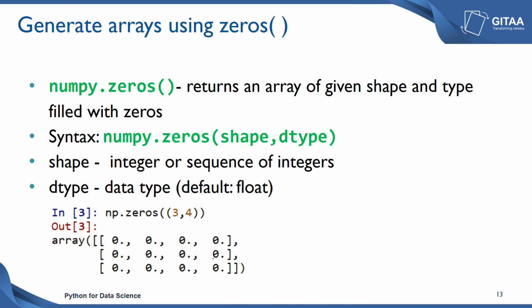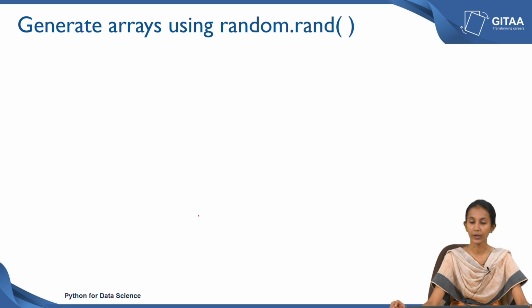When you give np.zeros 3, 4, 3 stands for rows and 4 stands for columns. The output will be 0 dot, which is a float value. You can also change the data type: in np.zeros 3, 4 you can specify the data type, and it can be an integer as well.